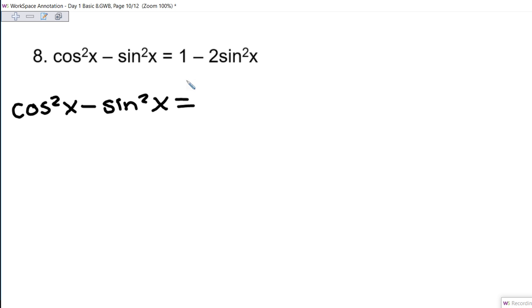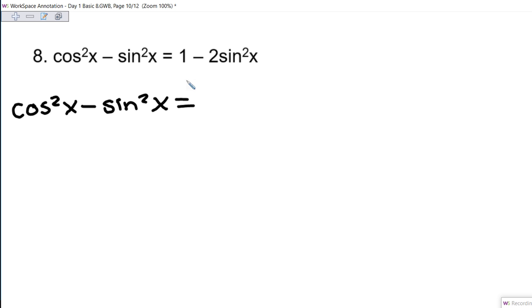Now, the two main tricks we can use when we're doing trig proofs. First of all, look to see if you have a Pythagorean identity. Is that a Pythagorean identity? No, we don't have a 1. So the next thing is change everything to sines and cosines. But everything's already in terms of sines and cosines.